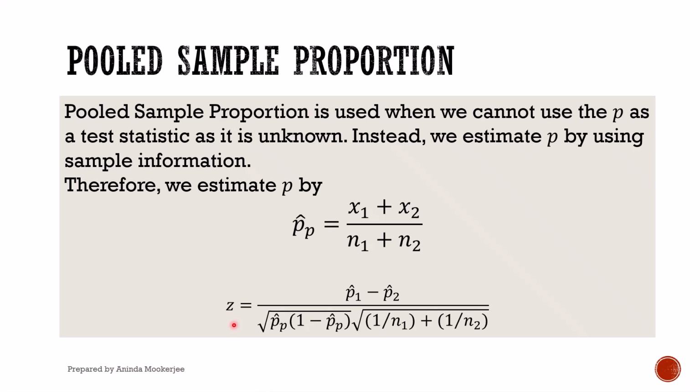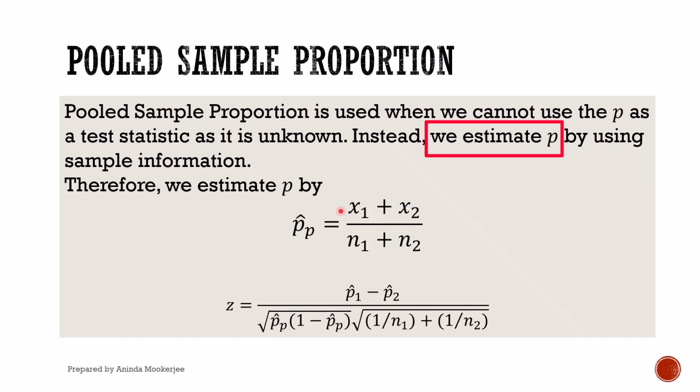However, in studies of proportion, we cannot use the population proportion because we wouldn't know that. We cannot use that in the test statistic because it is unknown. We have to estimate the population proportion by using the sample proportion.